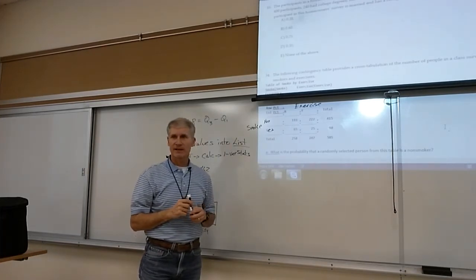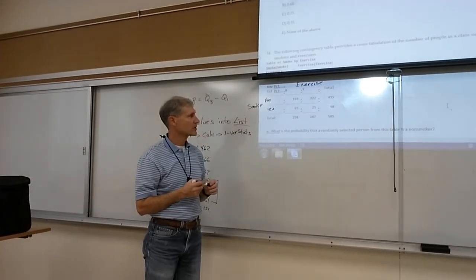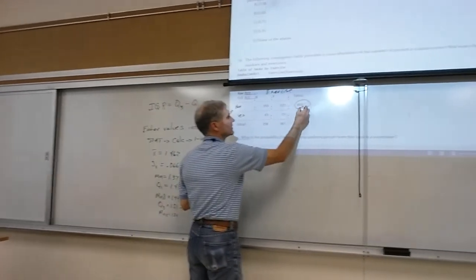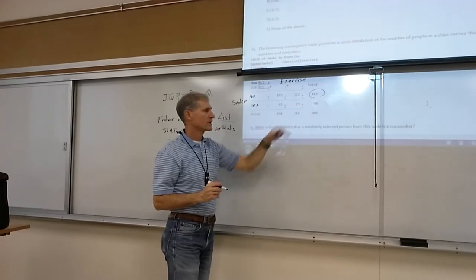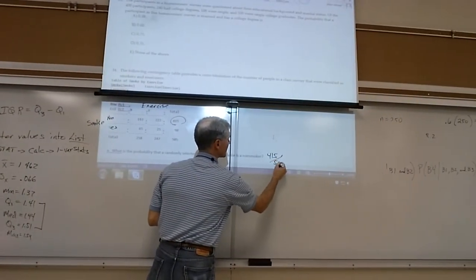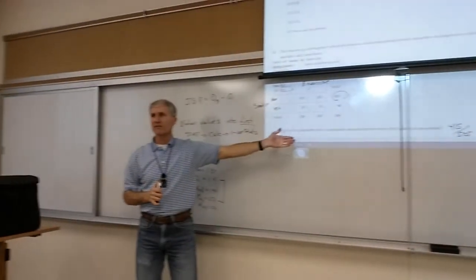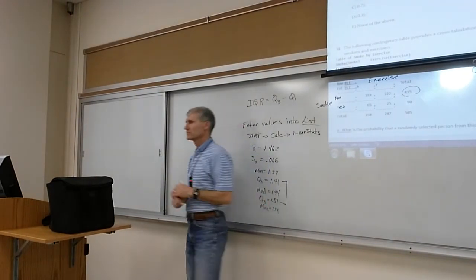What numbers do I divide? How many non-smokers are in the table? 415. So you're using the marginal total of that row. Right? So this first one is 415 out of 505. And on the test, it's fine to leave it as a fraction like that. No need to reduce, no need to go to a decimal. You can.